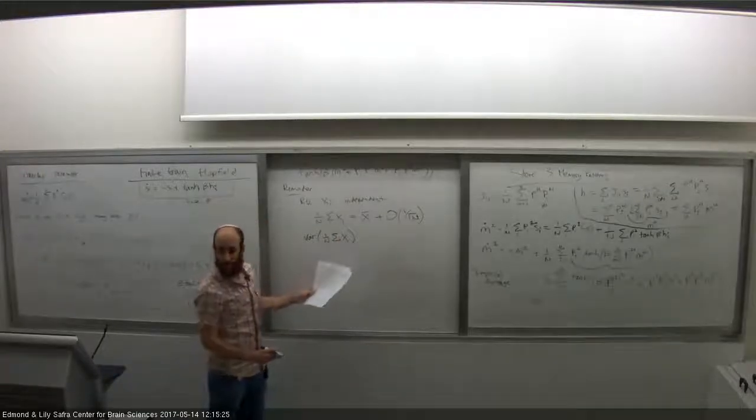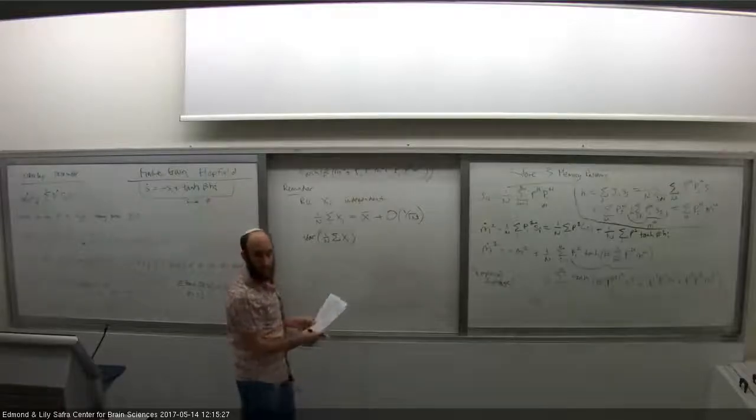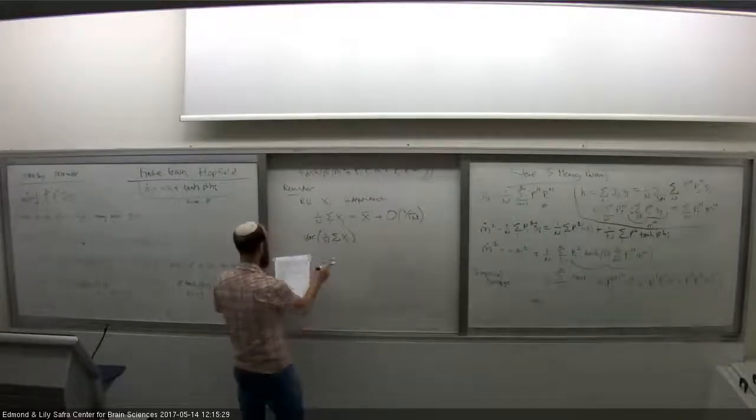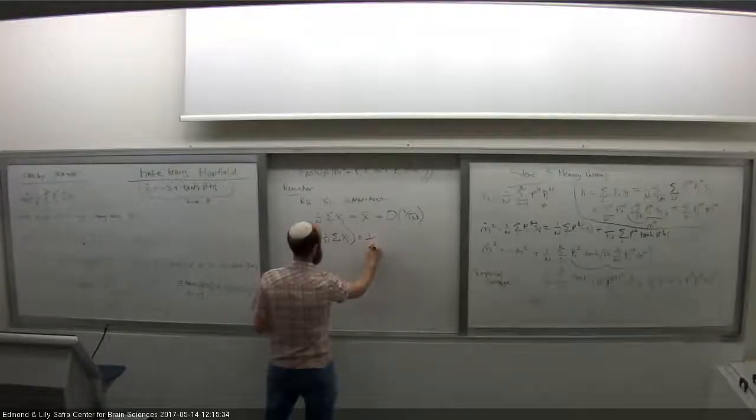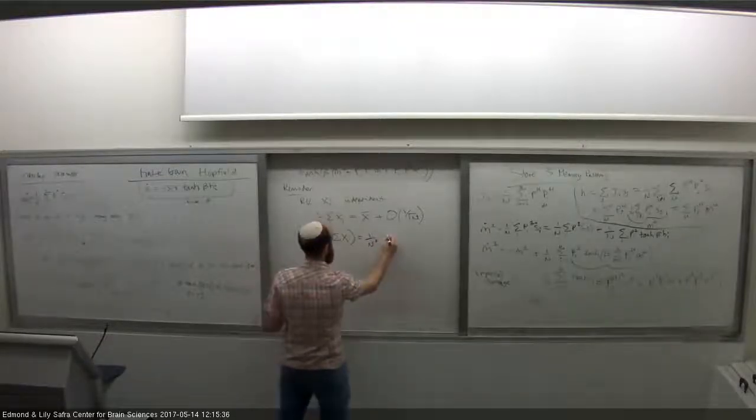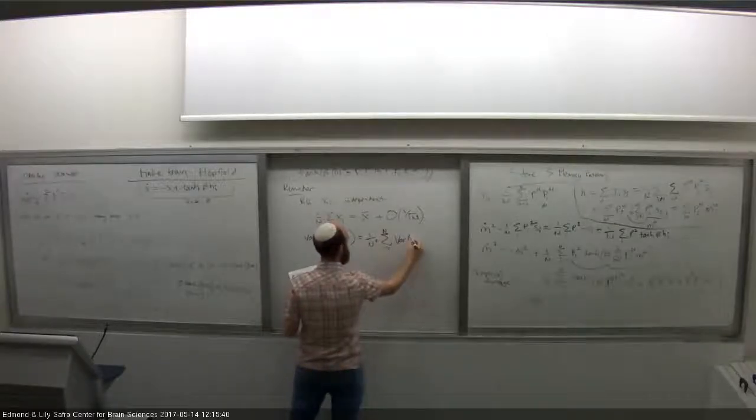The variance of a sum for independent variables is the sum of the variances. So we pull out a 1 over n squared outside of the variance, and then we just have the sum of variances of individual xi's.